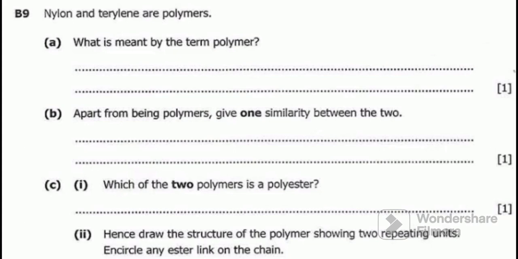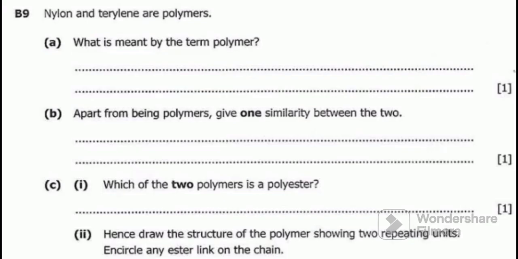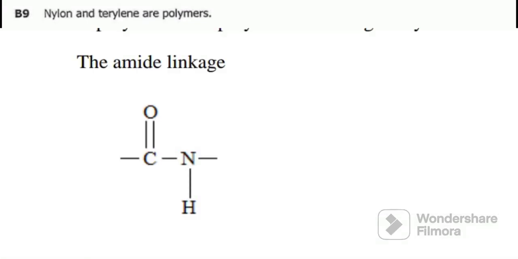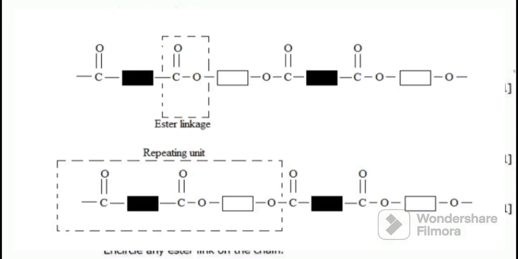That is an ester linkage, and this is an amide linkage. This is the structure of terylene, and where there is a circle, that is the ester linkage they told us to circle.